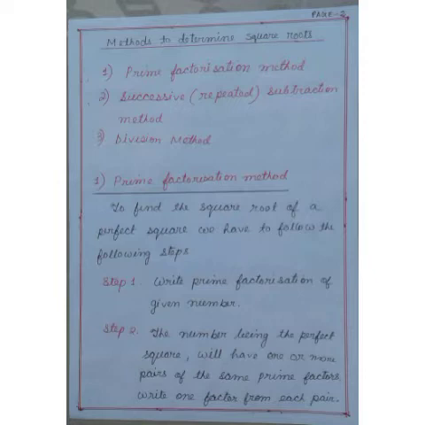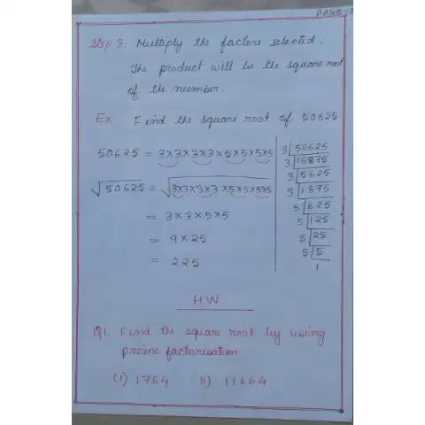Step 1, write the prime factorization of the given number. Step 2, the number being a perfect square will have one or more pairs of the same prime factors. Write one factor from each pair. Step 3, multiply the factors selected. The product will be the square root of the number.